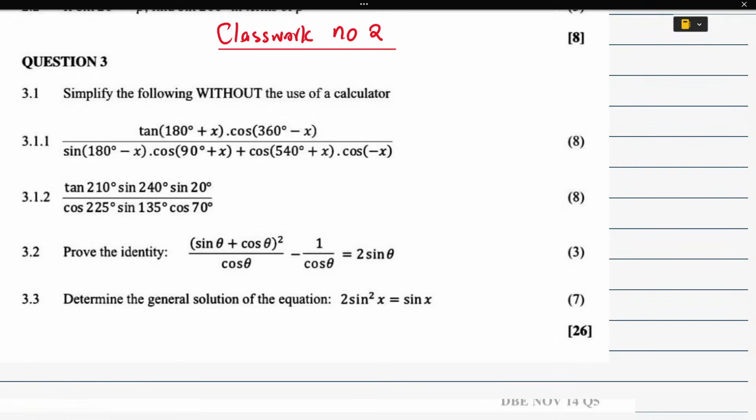Are you on the last one? We want to do correction now.